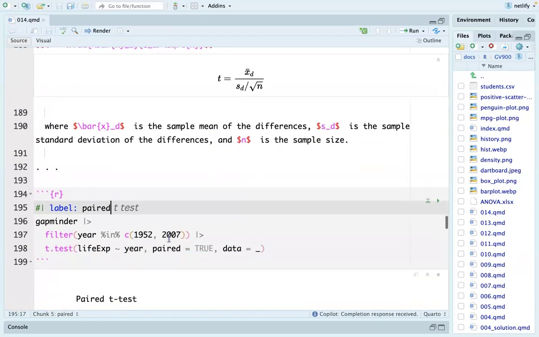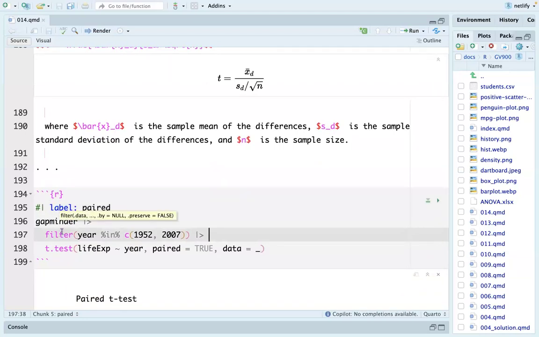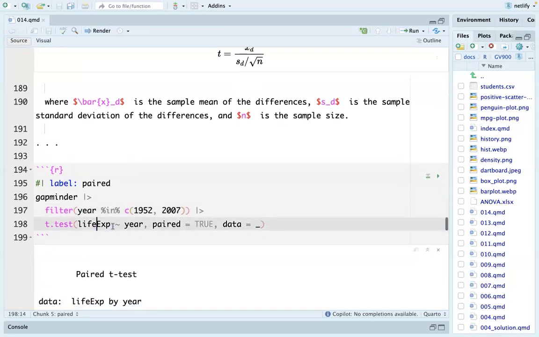So we take a look at the R code. First, we filter the years 1952 and 2007, and we do the test comparing by year, which means we pair these two years.